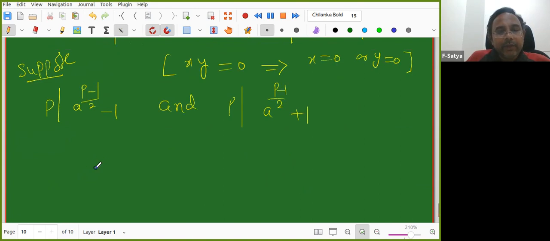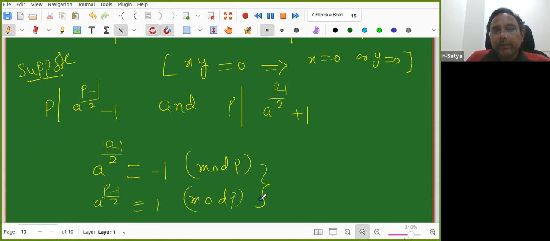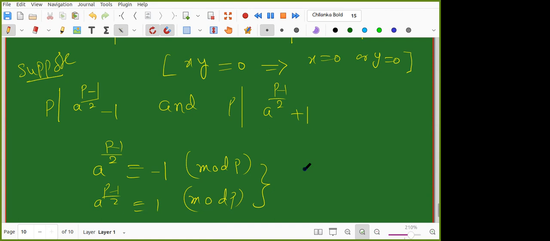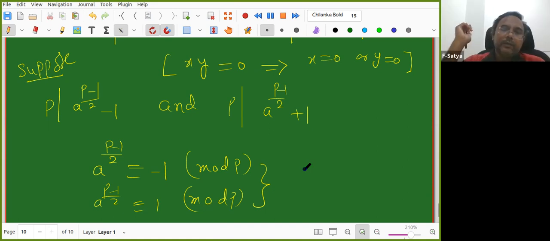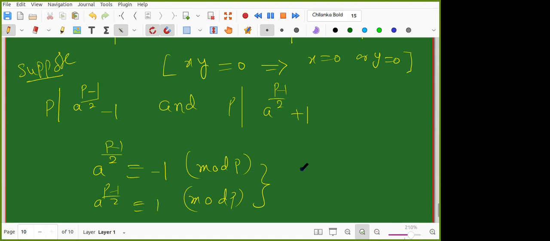So what is the meaning of that? a power (p minus 1)/2 is congruent to minus 1 modulo p, and a power (p minus 1)/2 is congruent to 1 modulo p also. Is it going to happen? It won't happen. Why can it not happen? Because it will leave a residue of minus 1, and that is not possible.